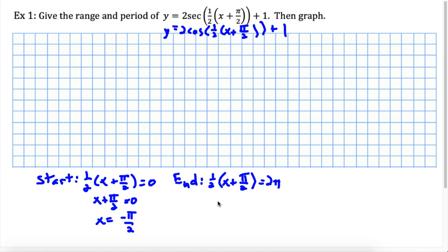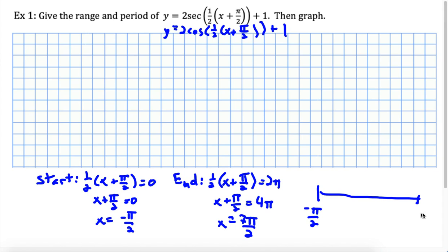Multiply both sides by 2 to get rid of that 1/2, and subtract pi over 2. So this would be 8 pi over 2 minus 1 pi over 2, which is 7 pi over 2. So I'm going from negative pi over 2 to 7 pi over 2.